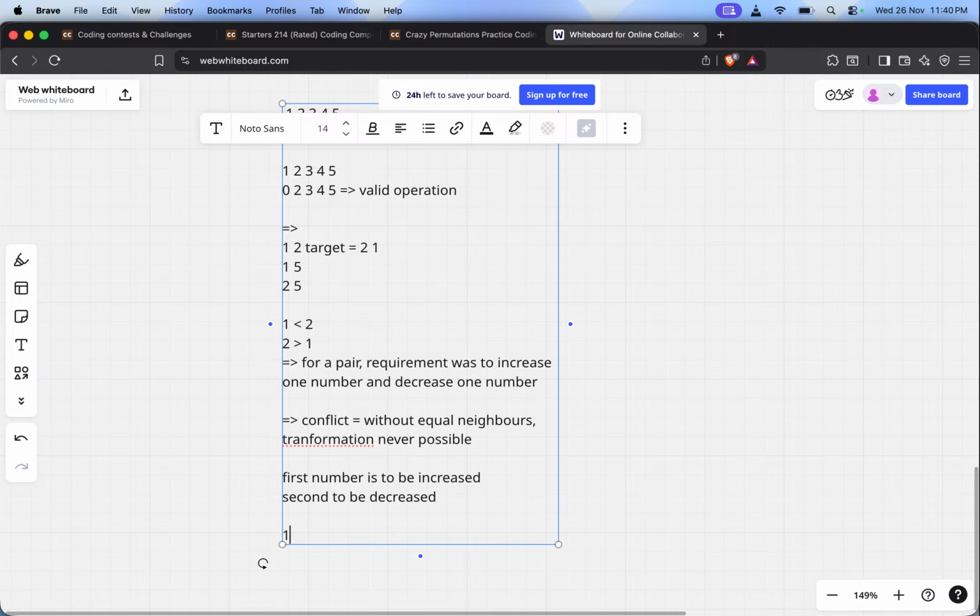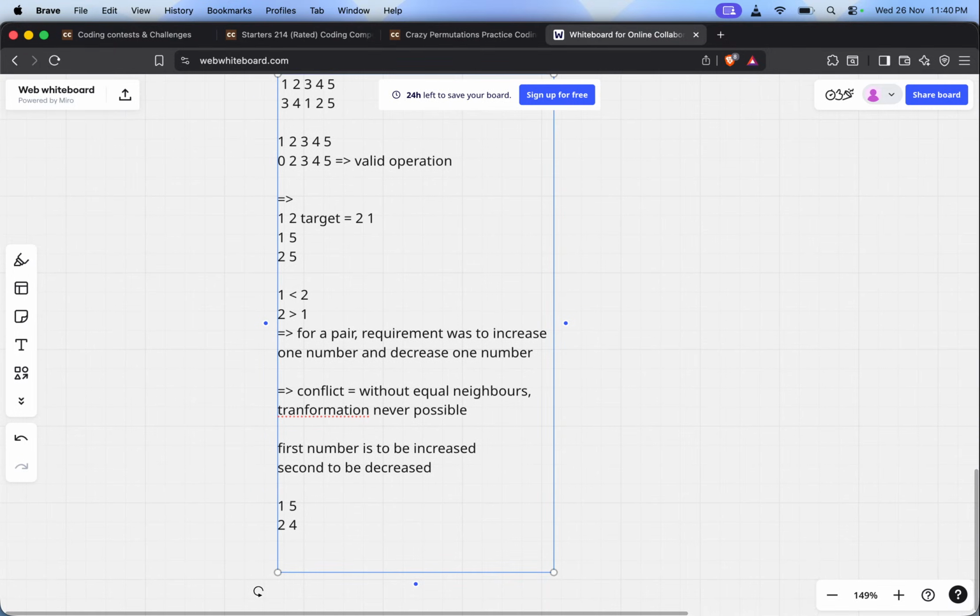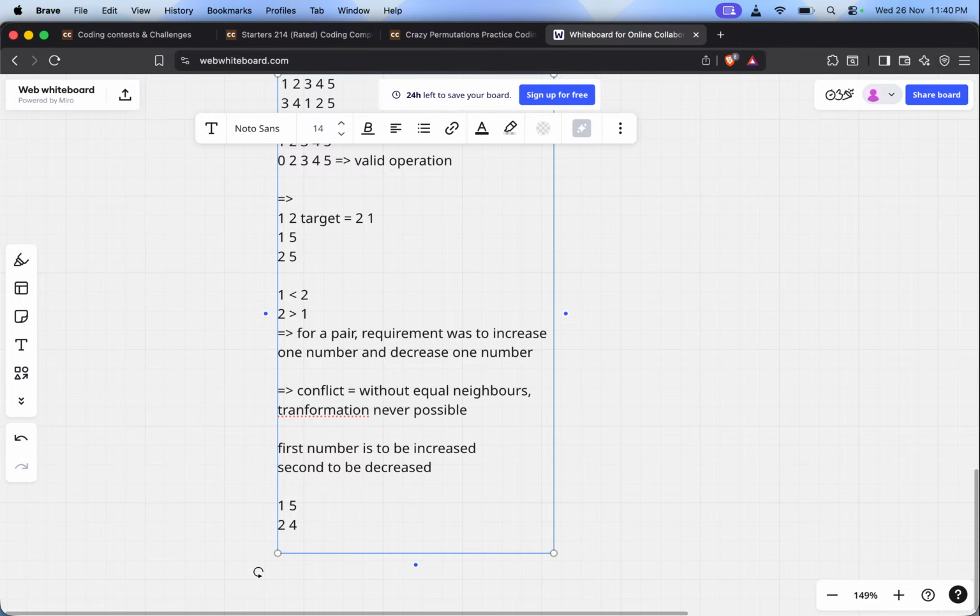That is not correct, because let's say 1 is to be transformed to 2 and here it was 5 and it is to be transformed to 4. So this is a correct transformation, because 1 can just increase by 1, and 5 can just decrease by 1. Let's say the rest of the array was the same. The rest of the array does not matter.